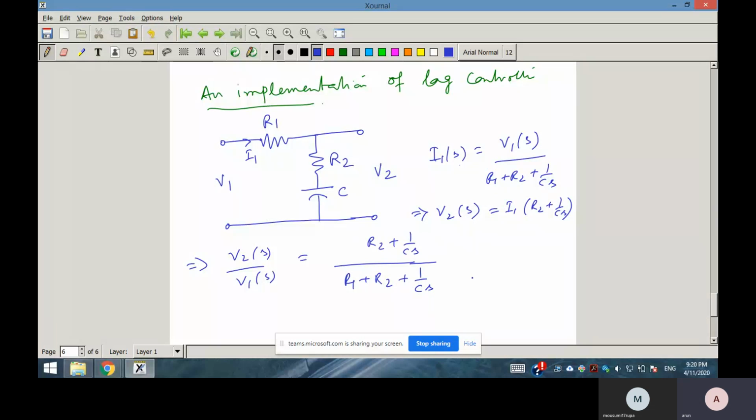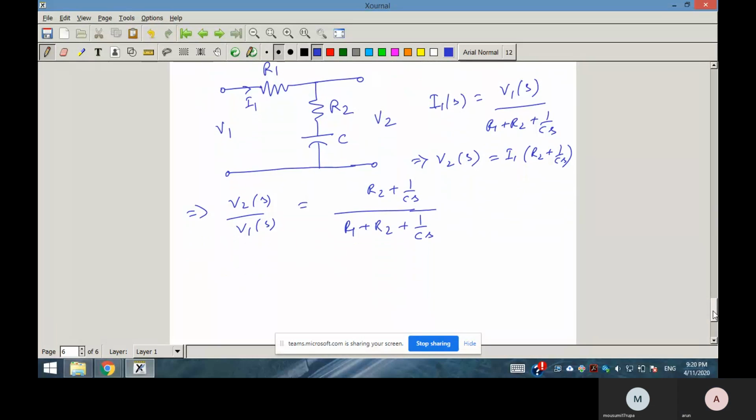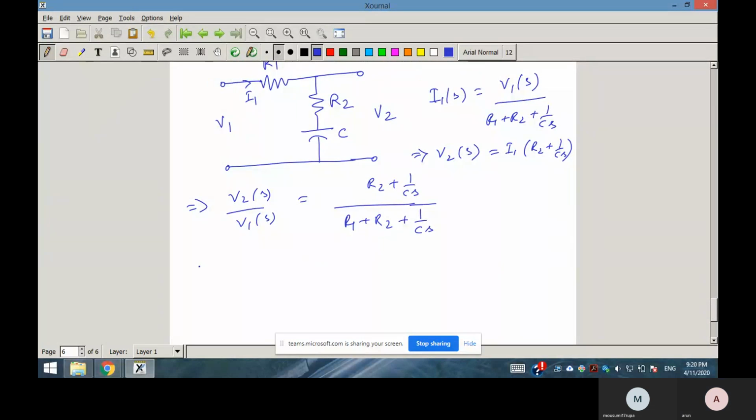So this I want to represent like beta into S plus B divided by S plus beta B. So V2(s) divided by V1(s) is equal to S R2 C plus 1 divided by SC into R1 plus R2 plus 1.